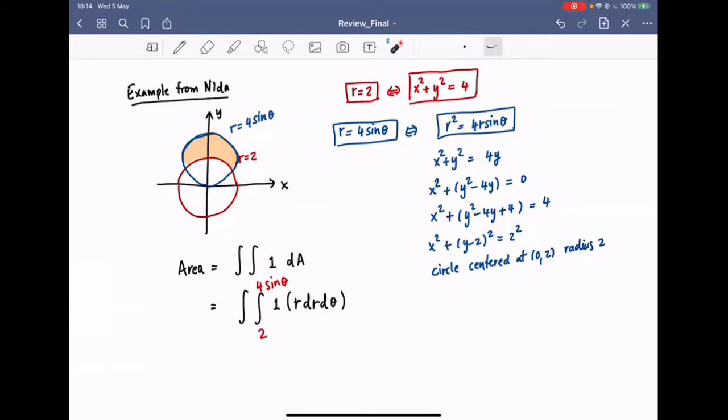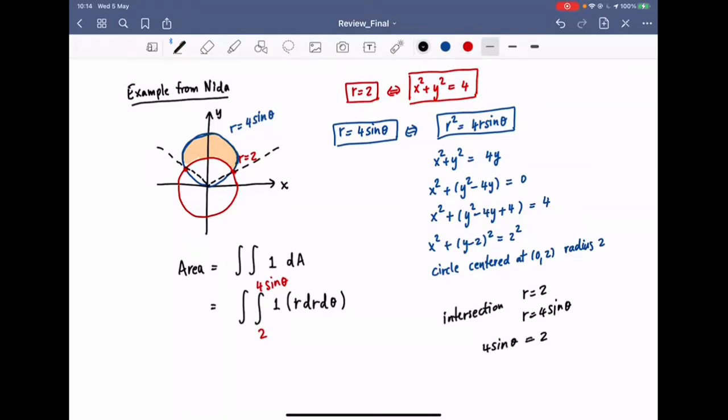The question is, what is going to be the range of theta? So how do you know? For sure, you need to solve for the intersection. This is r equal to 2 and r equal to 4 times sine theta, so you find the intersection by setting 4 sine theta equal to 2.